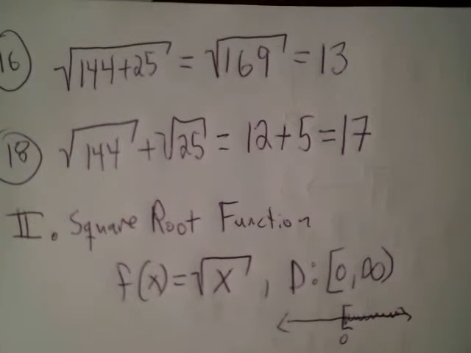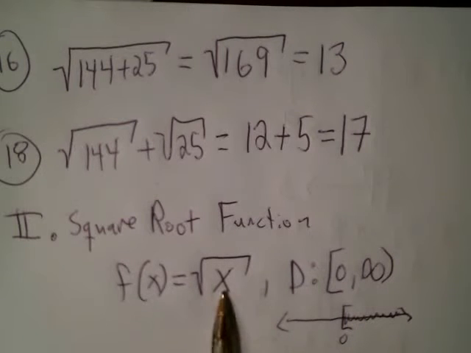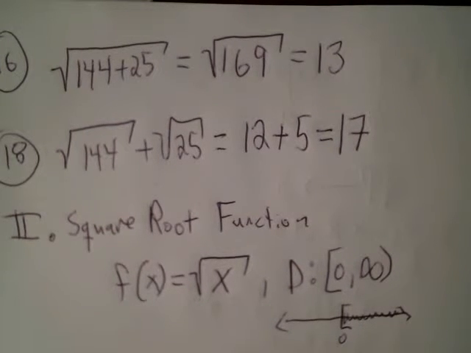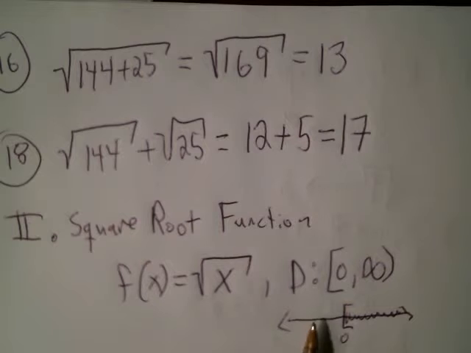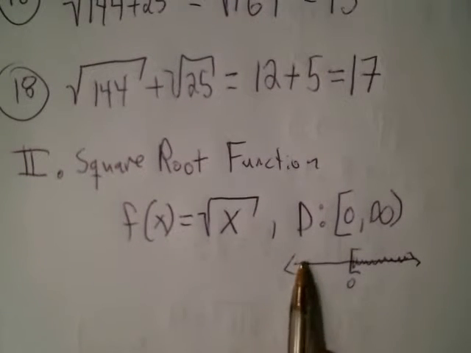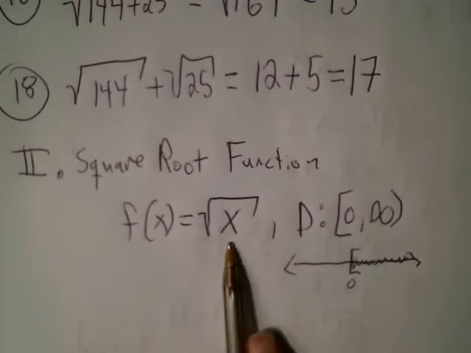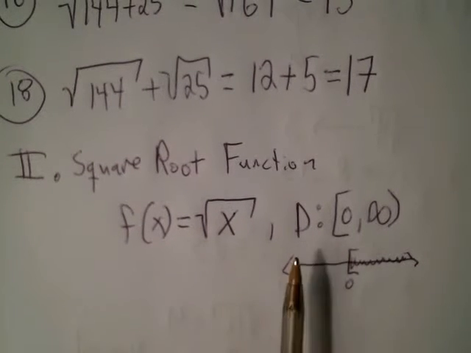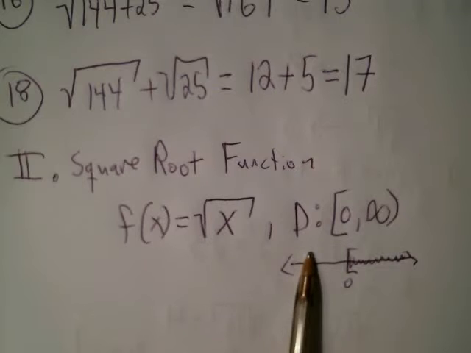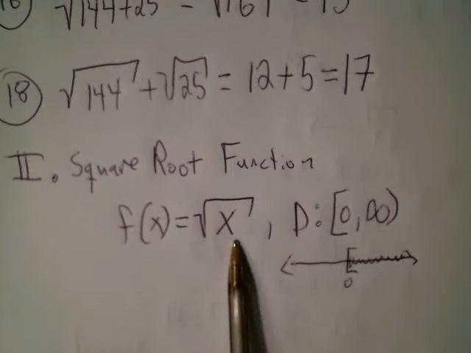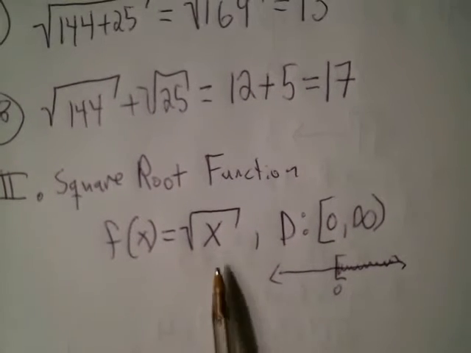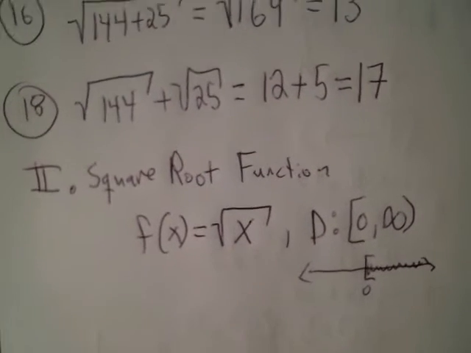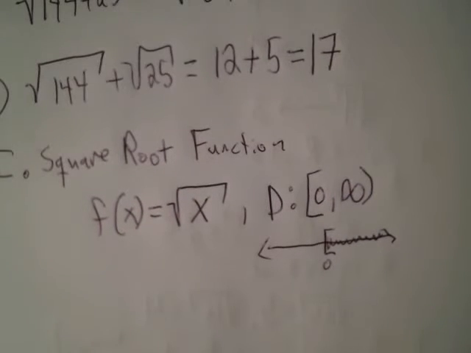And those are okay to put in here. So you could put 5 in here, have the square root of 5, that's fine. But you can't put numbers from this side, the negative side of the number line. You cannot put them in here. So the domain is kind of like the acceptable values. What are you going to allow into the party, so to speak? What are you going to allow into the square root that won't break the square root?